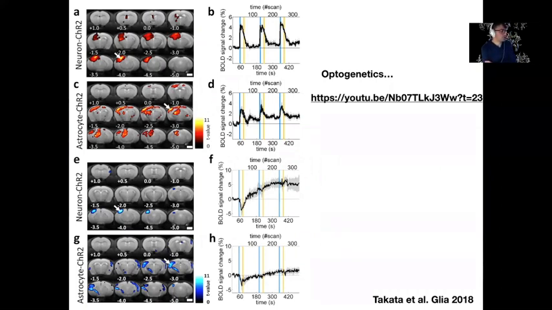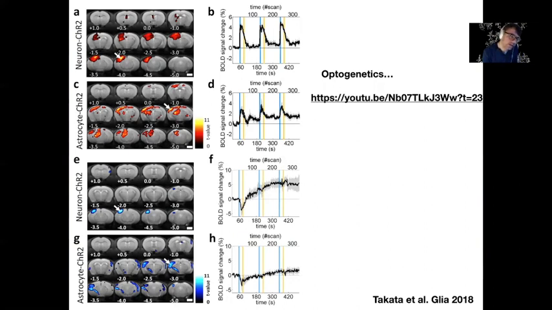Impressive. And that's exactly what they did here. They used optogenetics to dissociate the stimulation of neurons from the stimulation of astrocytes. And they measured functional neuroimaging, which usually we associate with the activity of neurons. And so what happened, as you can see in B, D, F, and H, is that the stimulation is characterized by the blue line, and the end of the stimulation is indicated by the yellow vertical line, okay?